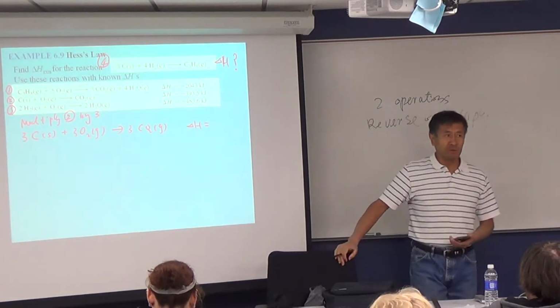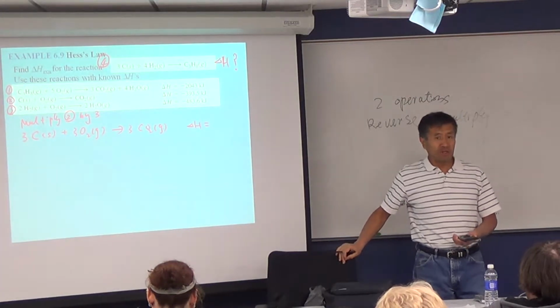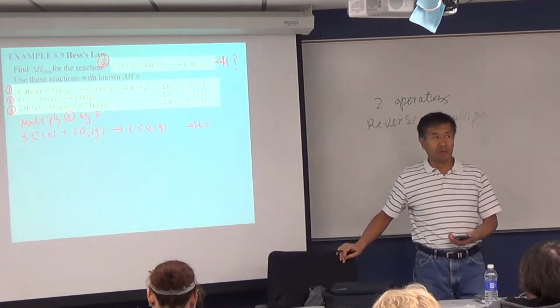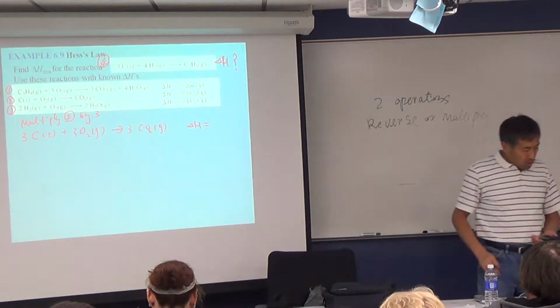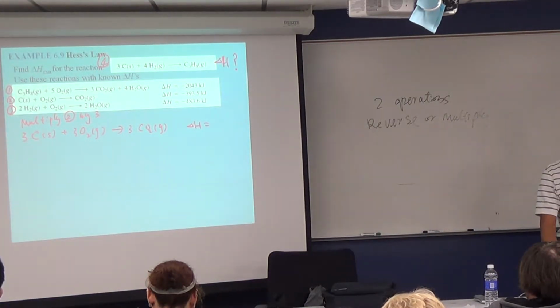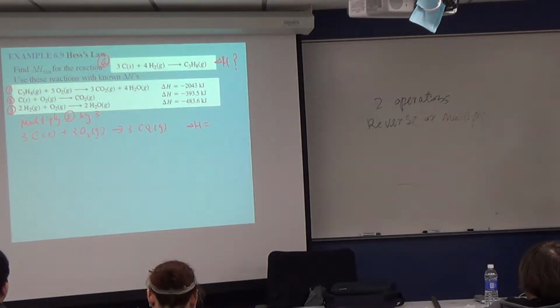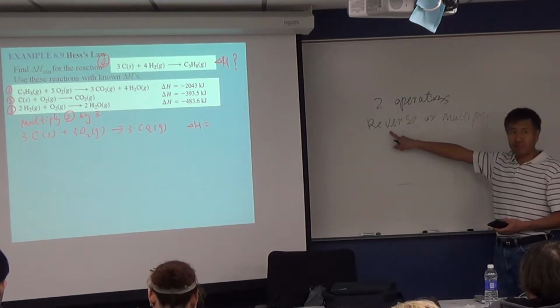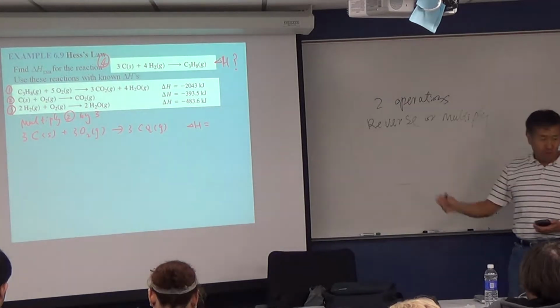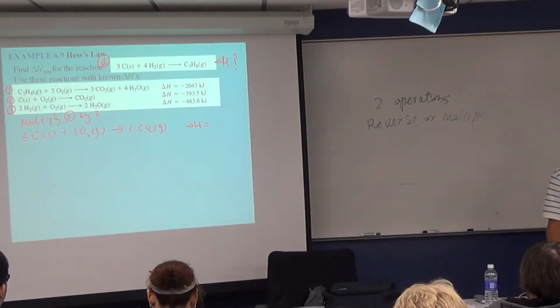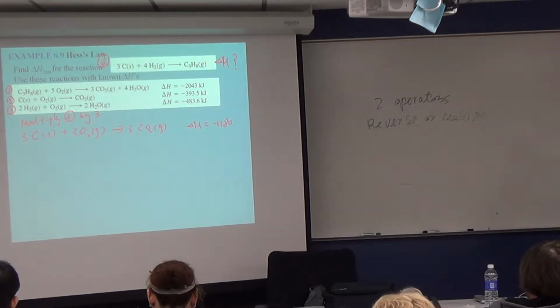I think you said multiply by 3. Whether you make it positive or negative depends on this. Because we did not do the reverse, we just simply multiply that by 3. What you get is negative 1180.5. And let's say I just write the unit on top, all those are kilojoules.